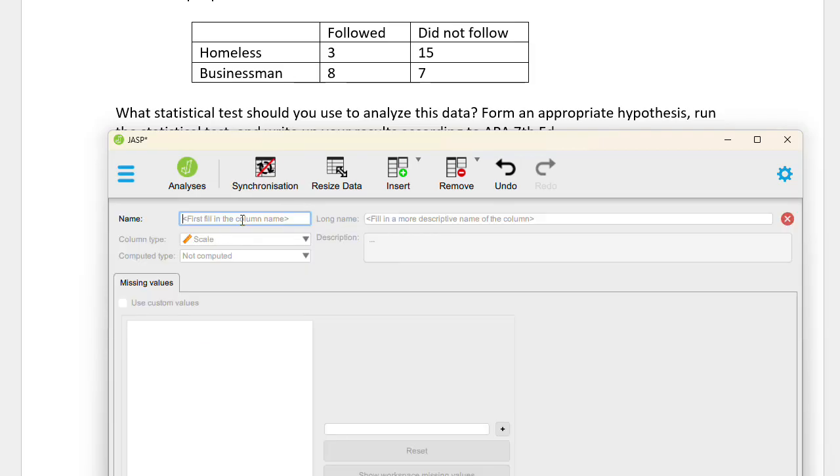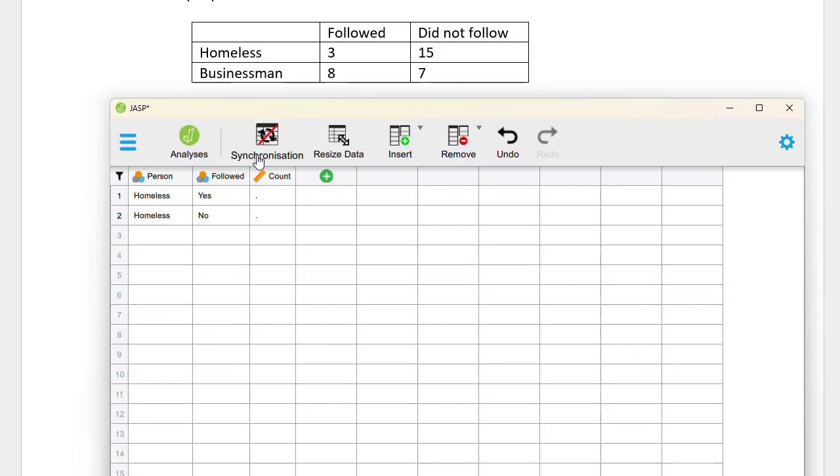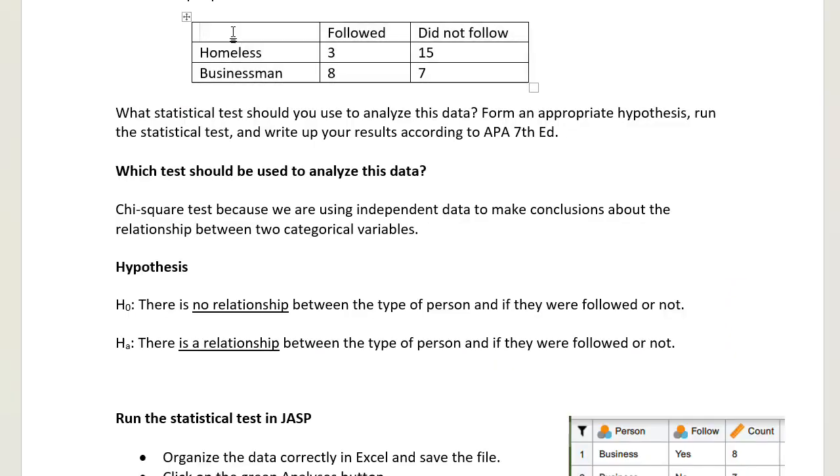And then this one is going to be the count of how many. And I know it's like, what? Right now it might look a little bit crazy, but we've got homeless, and so this is the type of person, and I guess we could put person type right there just to make it a little clearer.